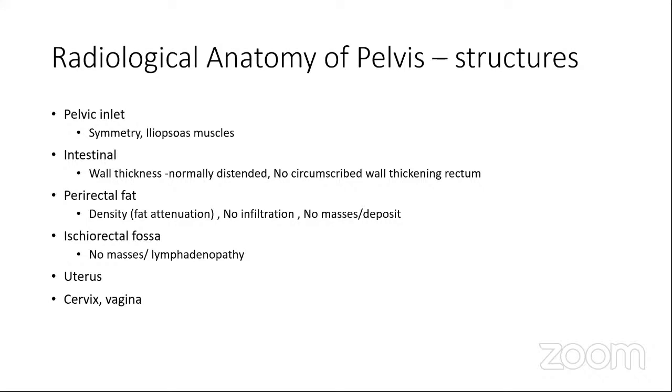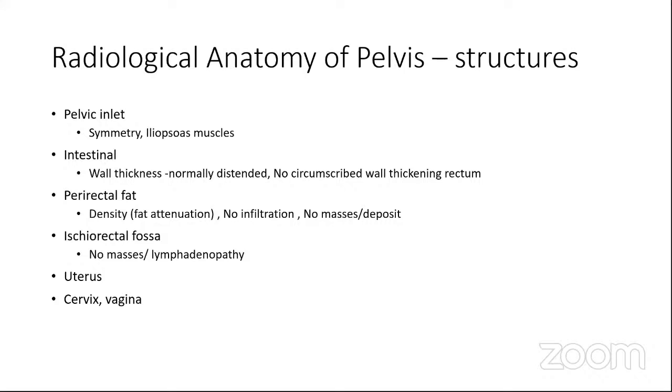When we look at any image, CT or MRI or PET CT, we are going to look at certain basic things, which include the bony anatomy of the entire pelvis, whether it is highly skewed to one side or symmetric, and the muscular structures. We look for anatomic abnormalities like horseshoe kidneys or a pelvic kidney.